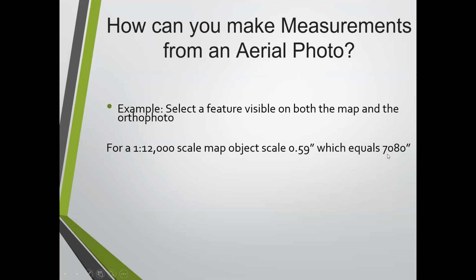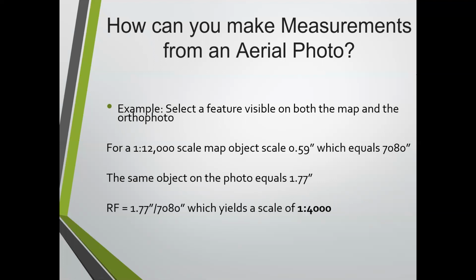That's going to be equal to 7,080 inches on the ground. If you measure the same distance on the ortho photo and it measures 1.77 inches, then the 1.77 divided by the 7,080 yields a scale factor of essentially 1 to 4,000. Now, it wouldn't always come out to be a perfect number like that, but this is just a little example.